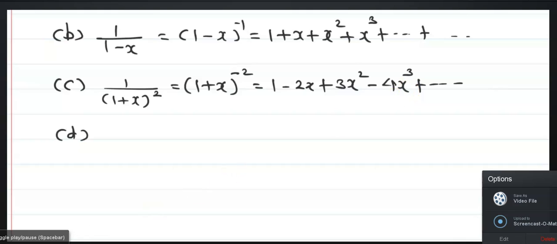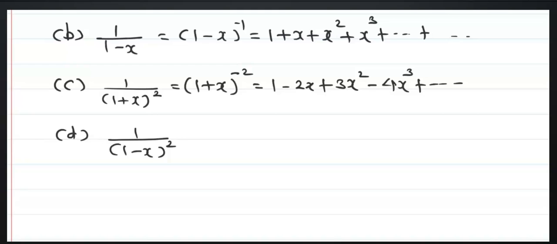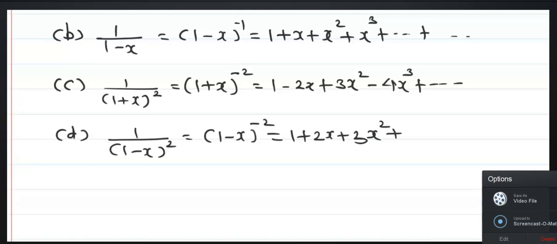Now next is 1 upon (1 minus x) whole square. In this case you will get 1 upon (1 minus x) square is equal to (1 minus x) raised to minus 2, which is 1 plus 2x plus 3x square, and in this way all the terms are positive.